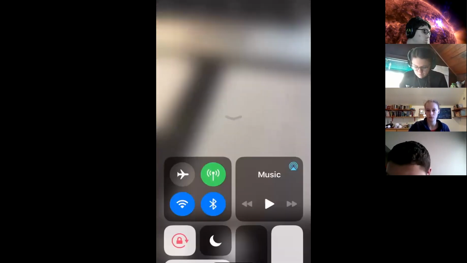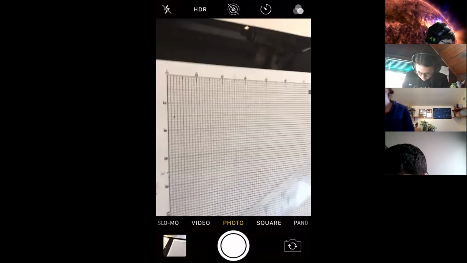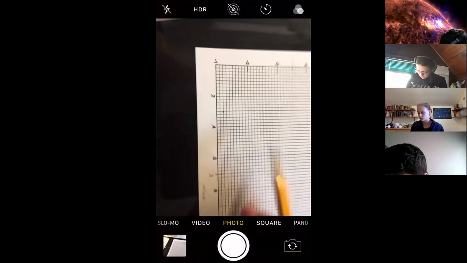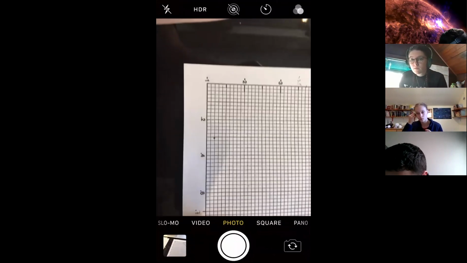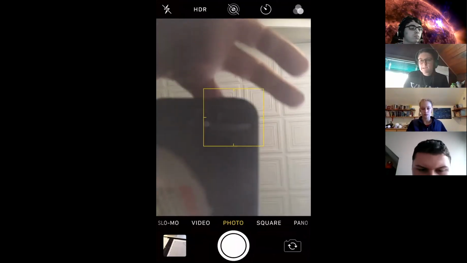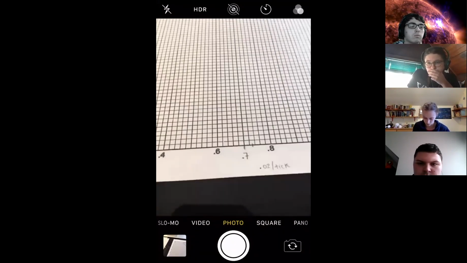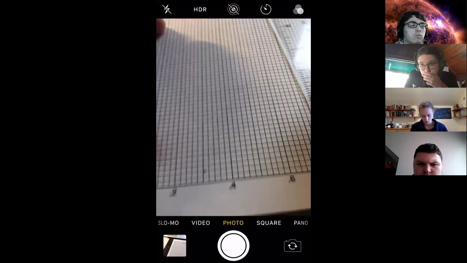It would help, honestly, if I took off screen lock. I need both hands to do this. I'm going to go up.